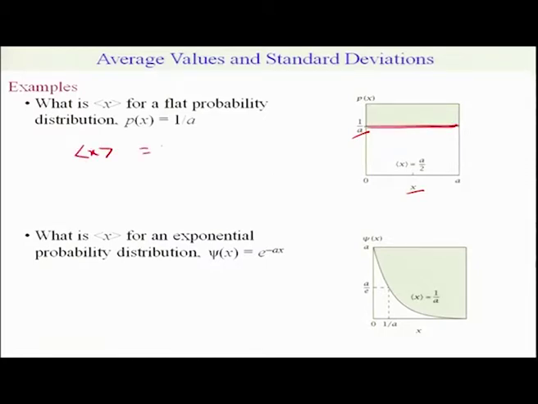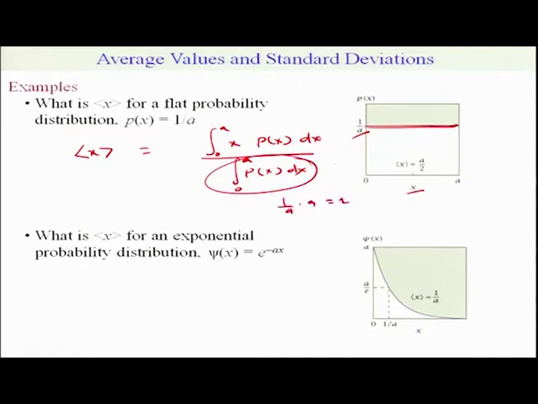So, this is going to be the integral of x p(x) dx divided by the integral of p(x) dx. I do not know whether it is normalized, so we have to first make sure that it is normalized. So, this is nothing but 1 by a times a, which is 1. So, certainly this is normalized.